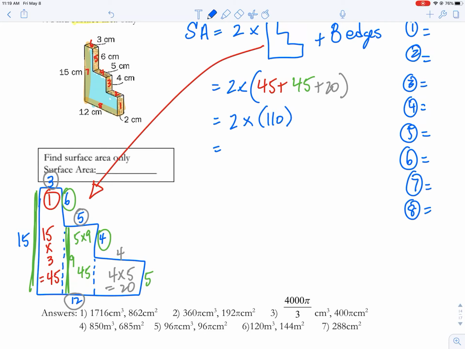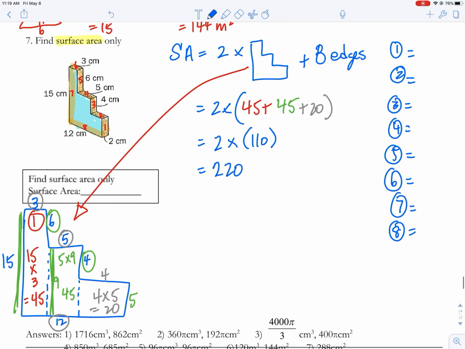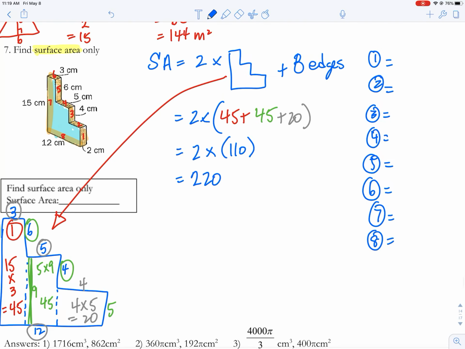So the 2 side shapes altogether is going to give me 220. And now I'm going to have to add all the 8 edges. And I know it's annoying and it's long, but it's not that difficult. All of these guys have a width of 2. So it's just going to be about figuring out what their shapes are. So for shape 1, we figured out down in the bottom diagram that the height of that shape was 5.